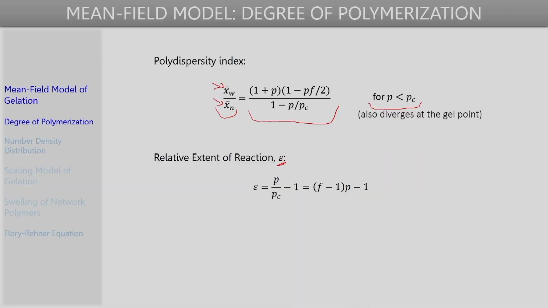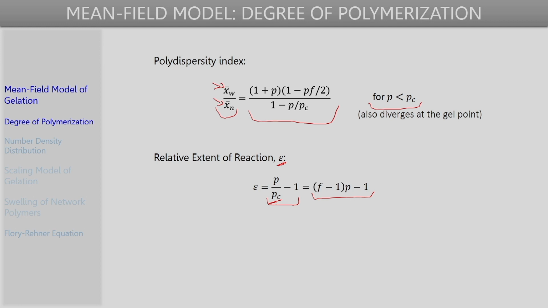This relative extent of reaction is defined as P over Pc minus 1, and if we substitute Pc equal to 1 over F minus 1, then we get epsilon equal to F minus 1 times P minus 1. So what does this relative extent of reaction represent? It represents how far or near we are to the gel point.